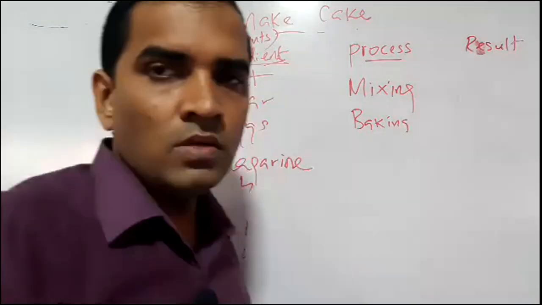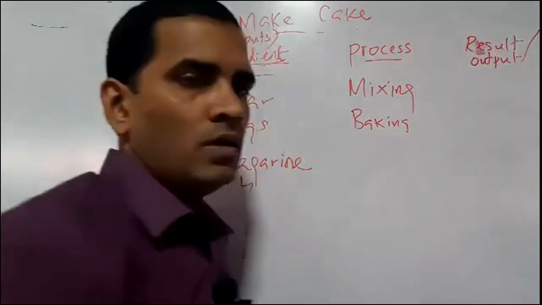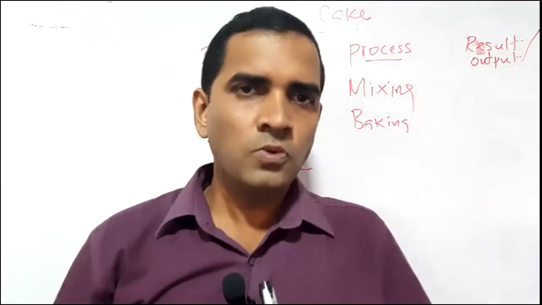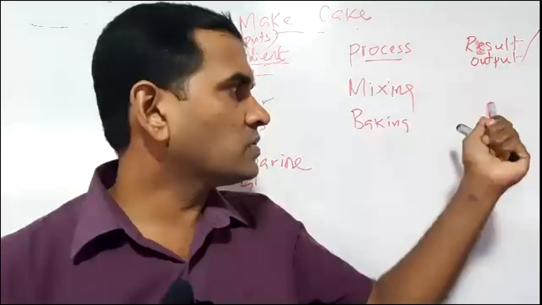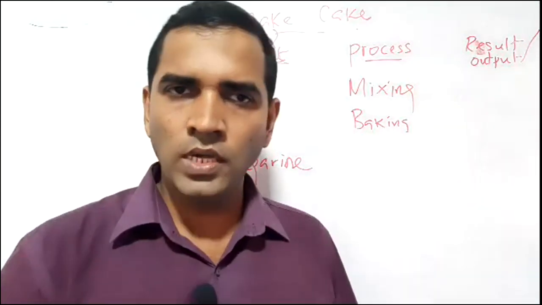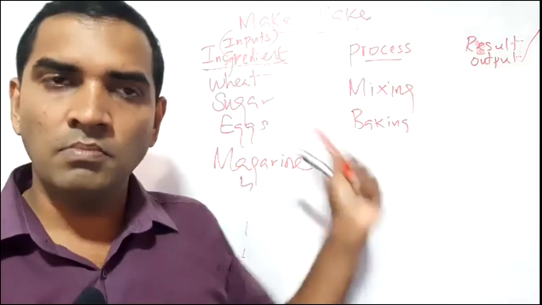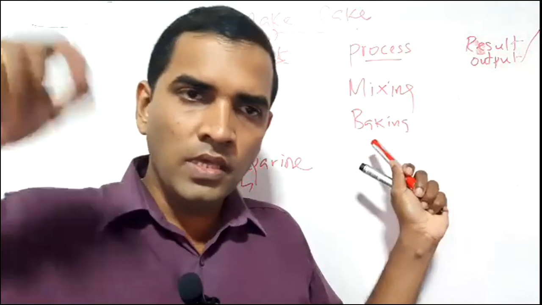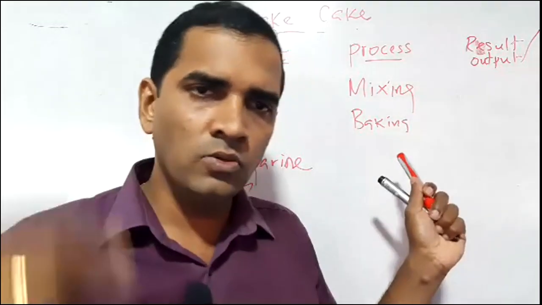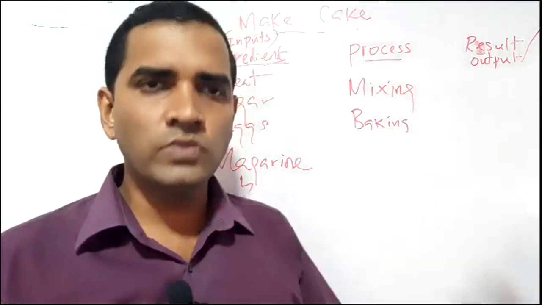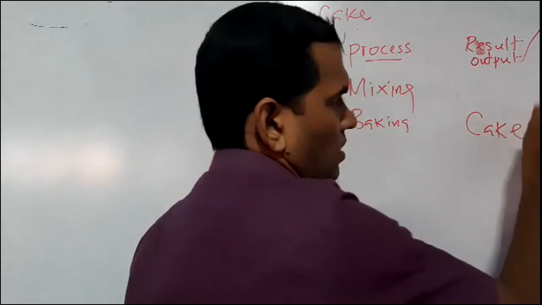This is a result, or in other words, an output. Here the output is the cake. Now you can't say that it's wheat flour or sugar or egg. You took them at the beginning, but now things changed because they have been involved in processing. You did the baking, you did the mixing, so now as a result you got a cake.